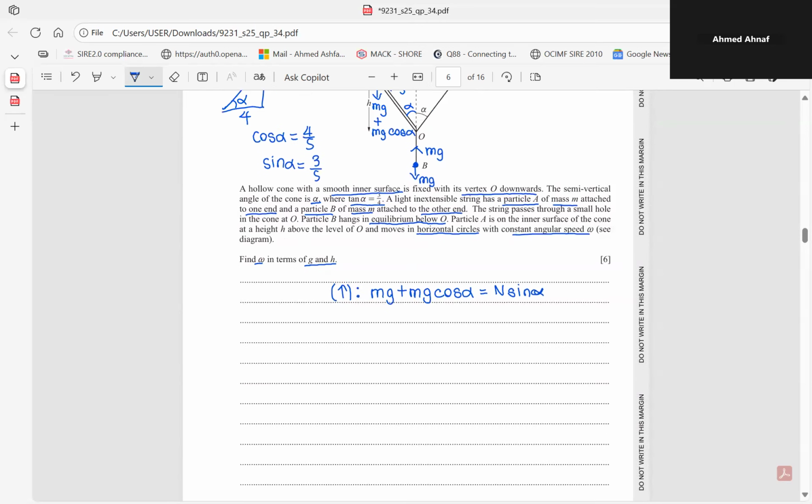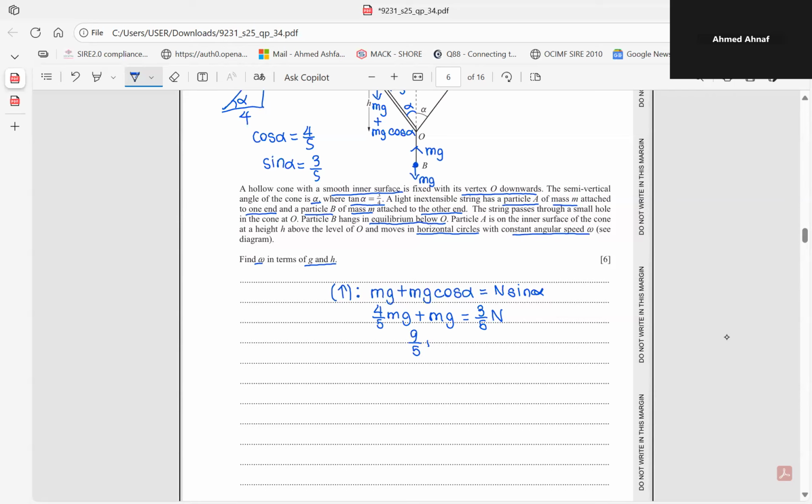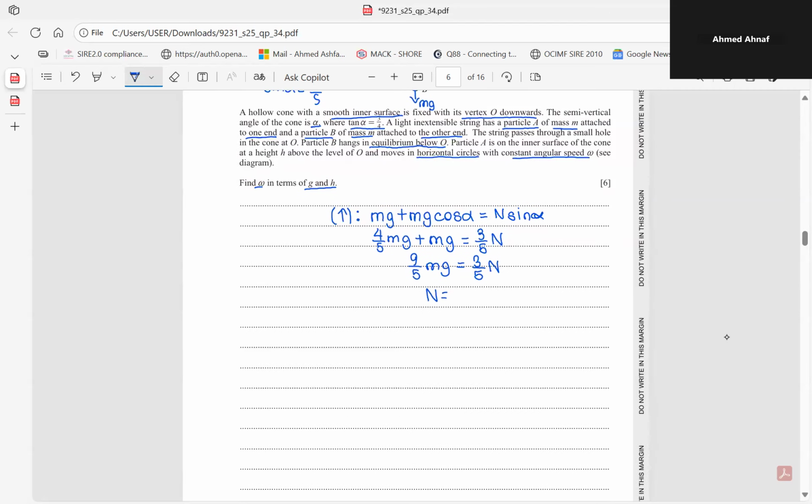So 4 over 5 mg plus mg equals 3 over 5 N. So 4 over 5 plus 1 gives 9 over 5 mg equals 3 over 5 N. So we can make N the subject. The 5 cancels out, so you get 9 mg equals 3N, so we get N equals 3 mg. So this is the first equation.